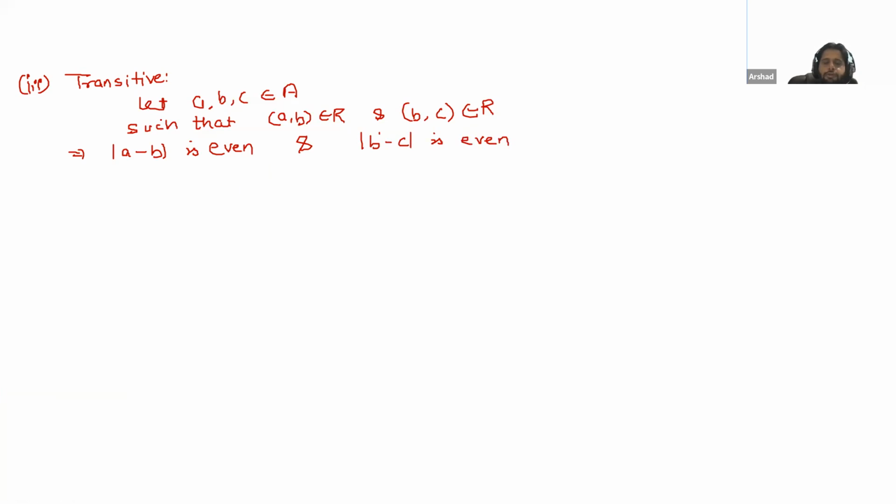So for transitive, we are saying that AB belongs to R and BC belongs to R. That means A minus B is even and B minus C is even because there's a condition.